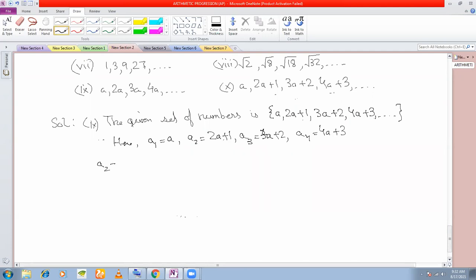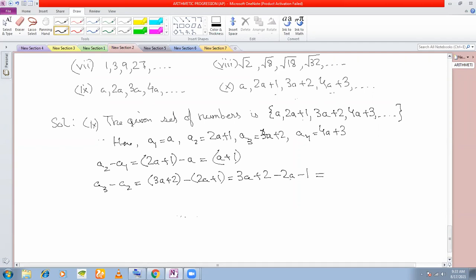Take the differences, A2 minus A1, 2A plus 1 minus A, which is A plus 1. A3 minus A2 is 3A plus 2 minus 2A plus 1. Open the brackets, 3A plus 2 minus 2A minus 1. So you are getting this as again A plus 1.